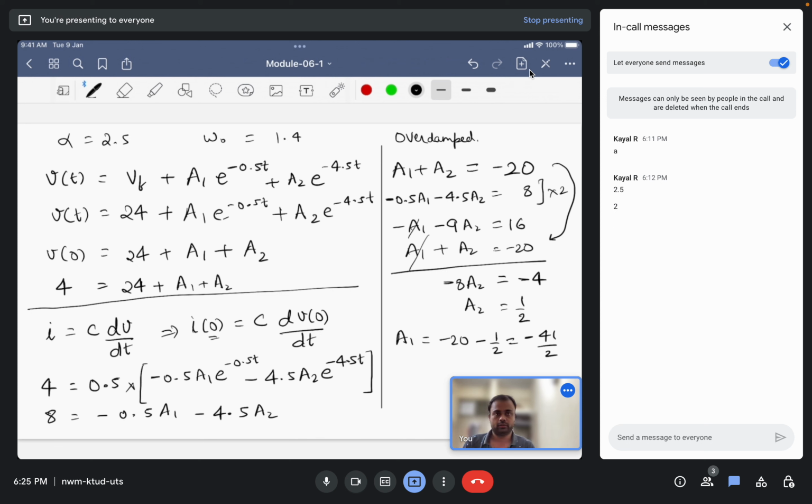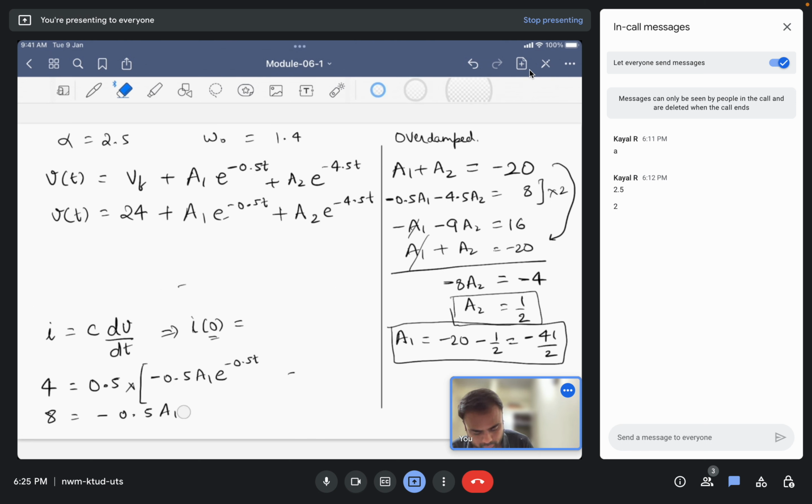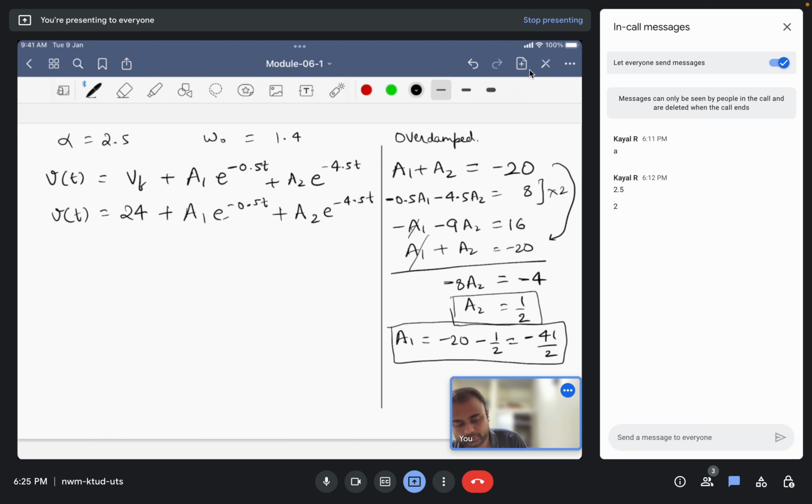Okay, so till this point I think everything is clear. We have found the values for A1 and A2. This is A1 and this is A2. So let us rub this portion, since we have already calculated these values. I will now substitute A1 and A2 in our original equation of V of t.